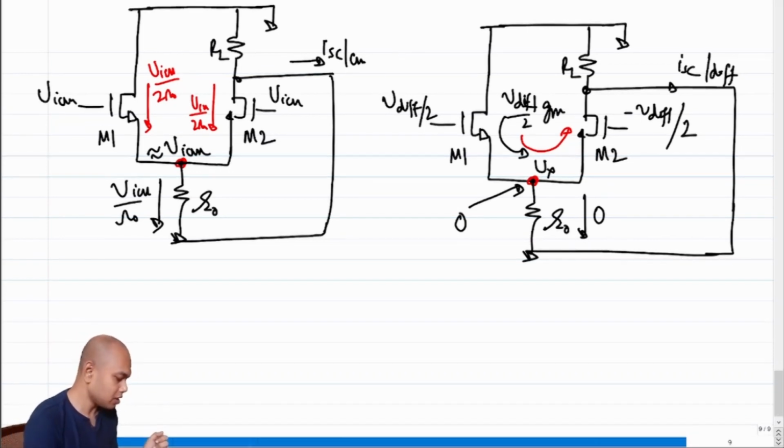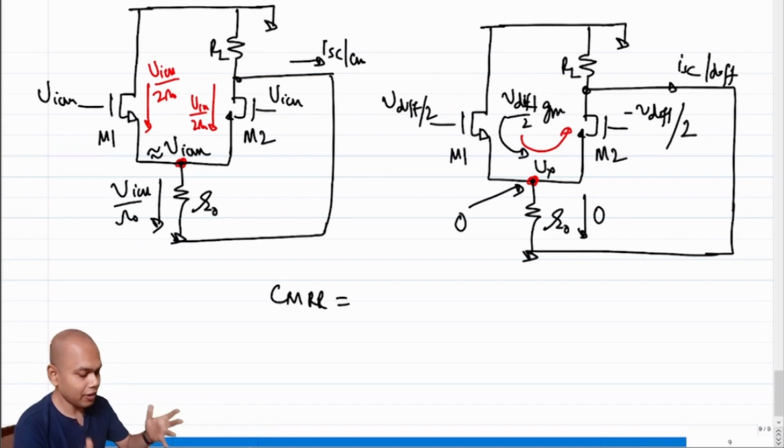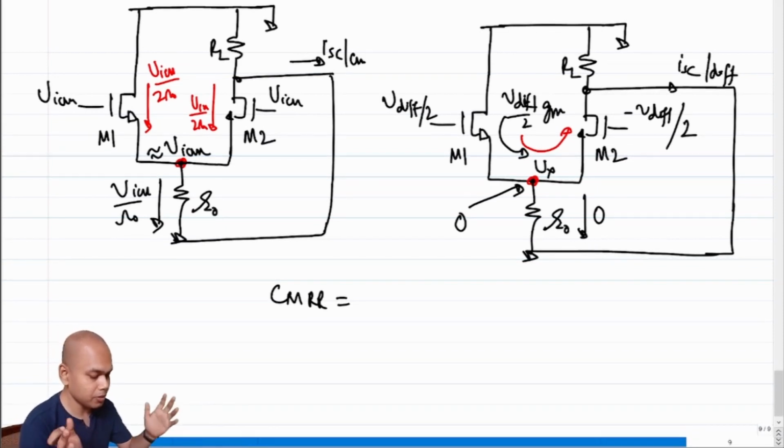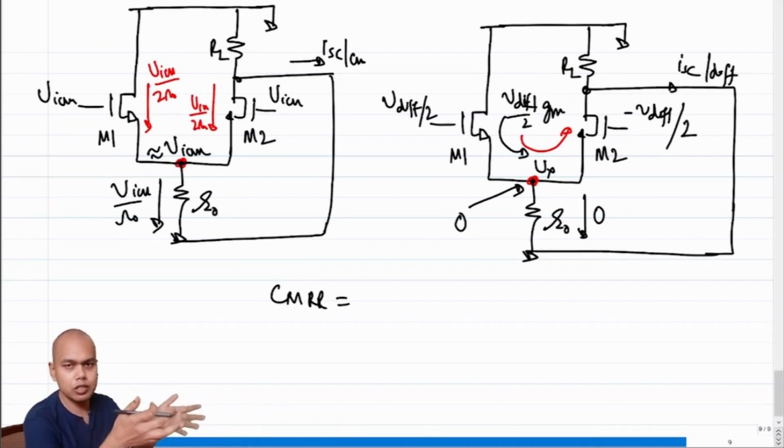Okay. So what is the common mode rejection ratio? What is CMRR in this case? I can evaluate this as a ratio of the short circuit currents between the differential and the common mode, because when you are trying to find out the voltage gain, you have to multiply with the output resistance, and the output resistance is common in both cases, so they essentially cancel off.